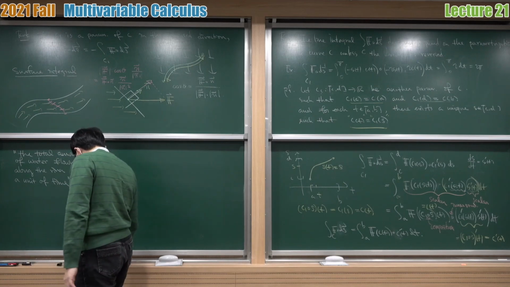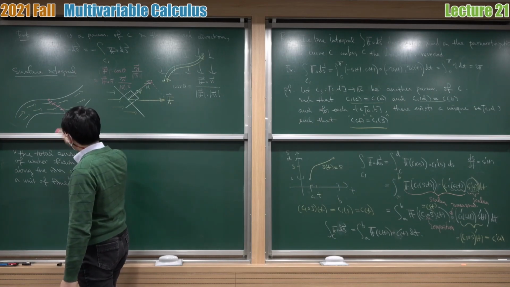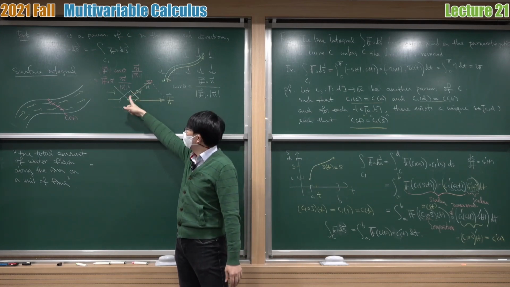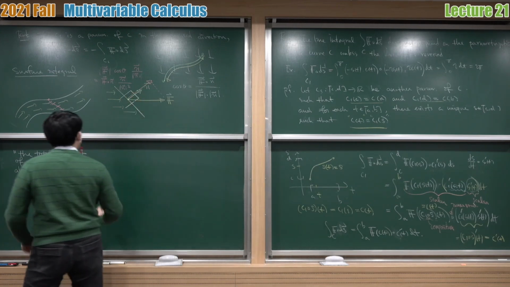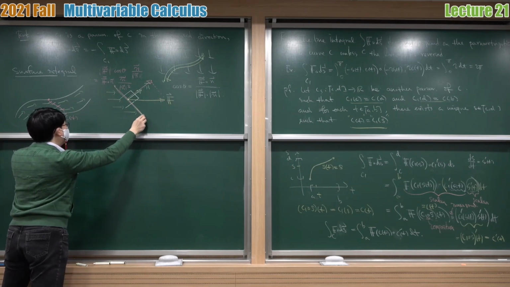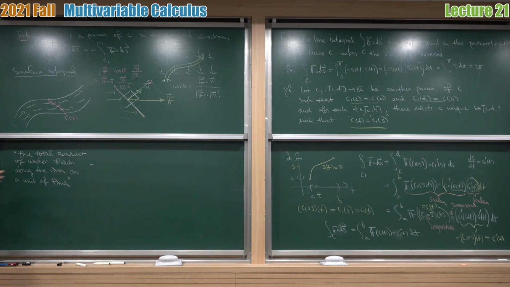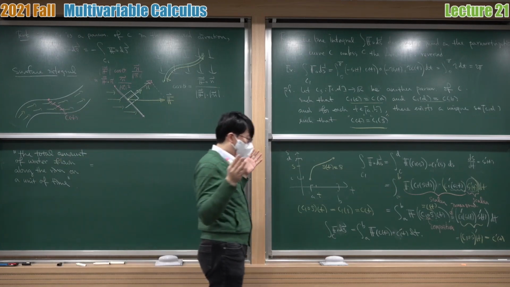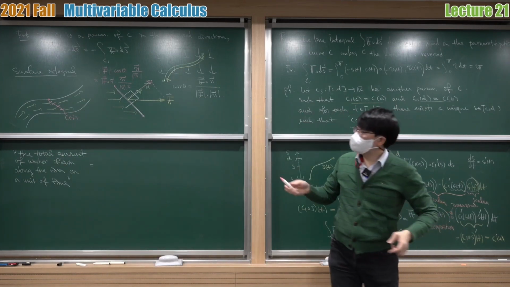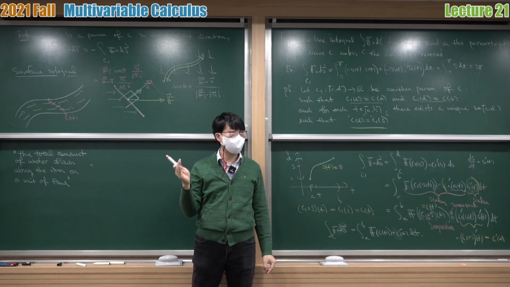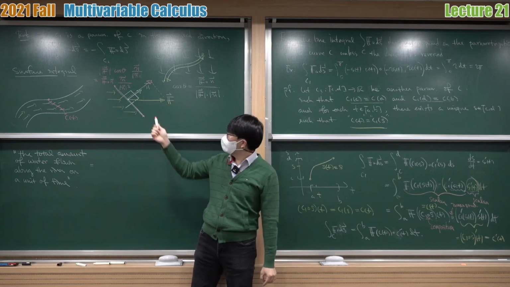I'm going to call this curve C. At each point, I'm going to measure across this small line segment of C. Then I'm going to assume that the water flown across this small line segment is approximately equal to the measurement at this point. That's a fairly legitimate assumption, right?